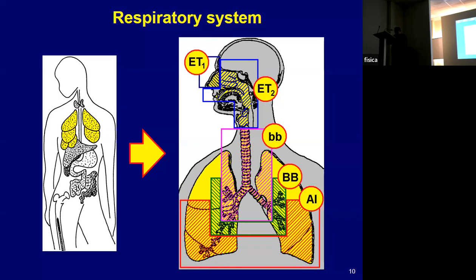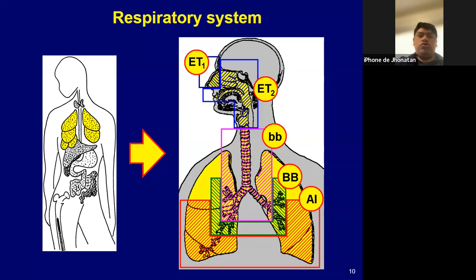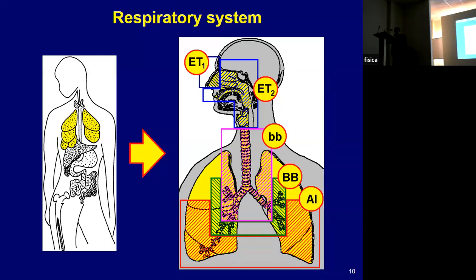ET1 is the front of the nose, ET2 is the back side of the nasal passage, and the nasal part of the pharynx, the oral part of the pharynx, and the larynx.